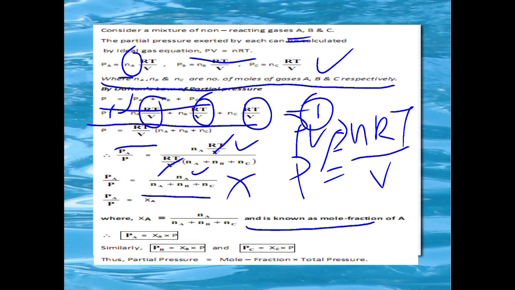So Pa by P is equal to chi A, so Pa is equal to chi A into P. Thus, partial pressure is equal to mole fraction into total pressure. Such types of problems you can also expect. We'll solve problems in the next class. Thank you.